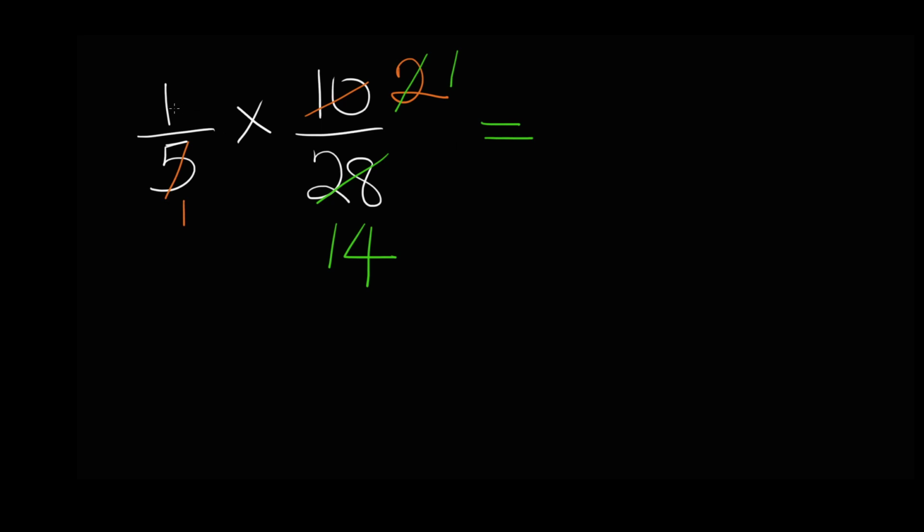I have 1 remaining here and also 1 right here. So 1 times 1. What will that give me? That will give me 1 divided by 1 times 14. That gives me 14. So that means my final answer is 1 over 14.